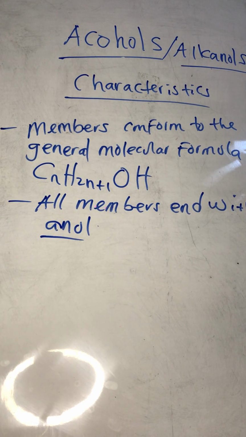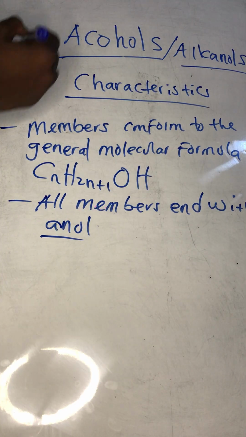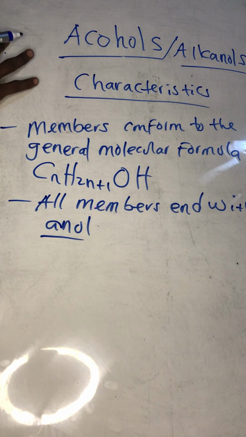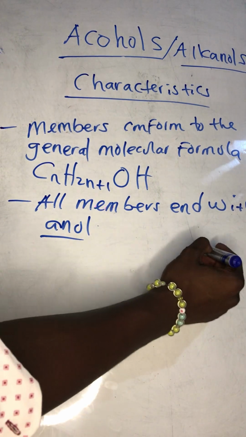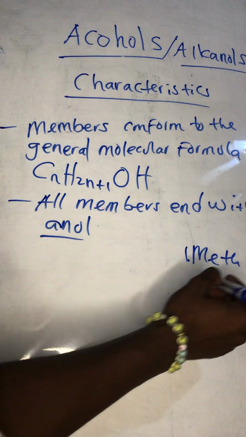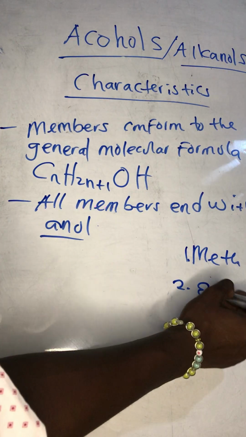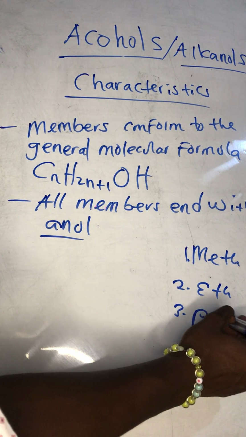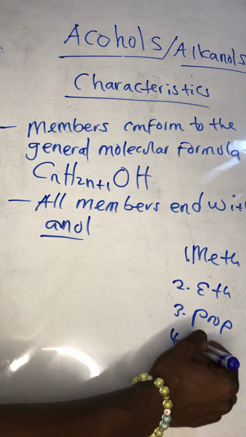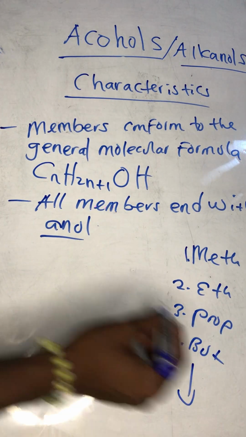So look guys, if we follow nomenclature, the name of the first member should start with meth. The name of the second member should start with eth. The name of the third member should start with prop. The name of the fourth member should start with but, and so on, all the way.